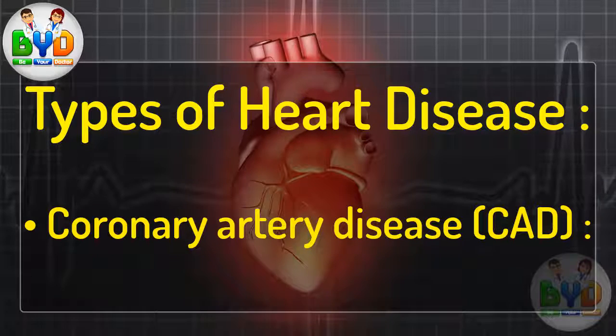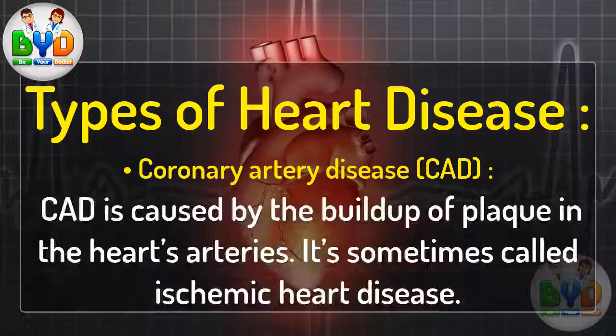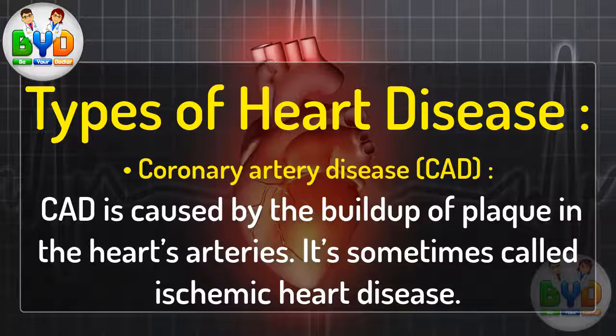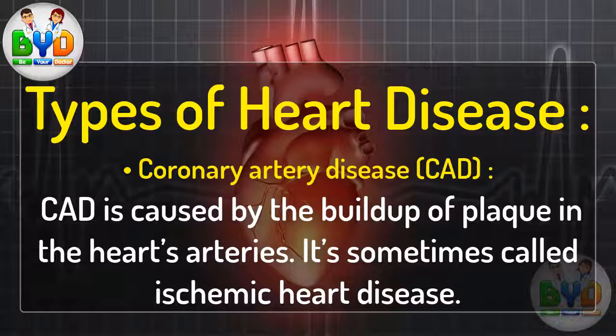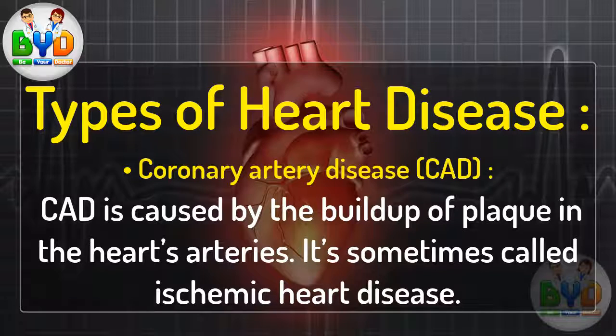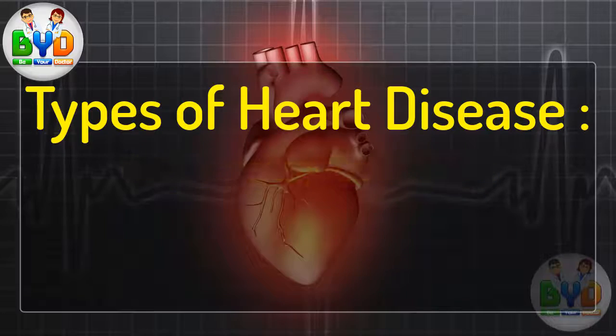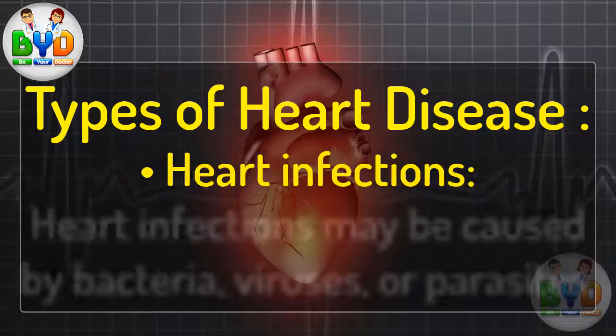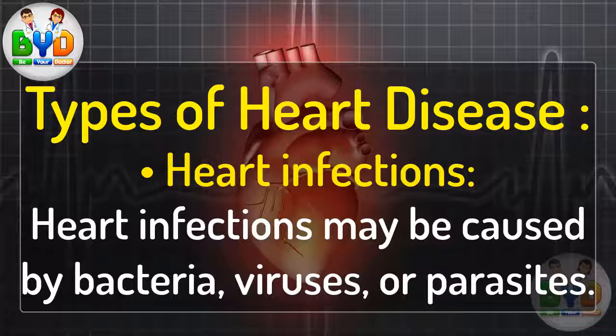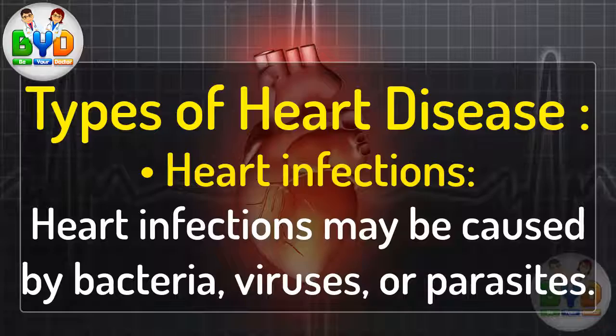Coronary artery disease, CAD. CAD is caused by the buildup of plaque in the heart's arteries. It's sometimes called ischemic heart disease. Heart infections. Heart infections may be caused by bacteria, viruses, or parasites.